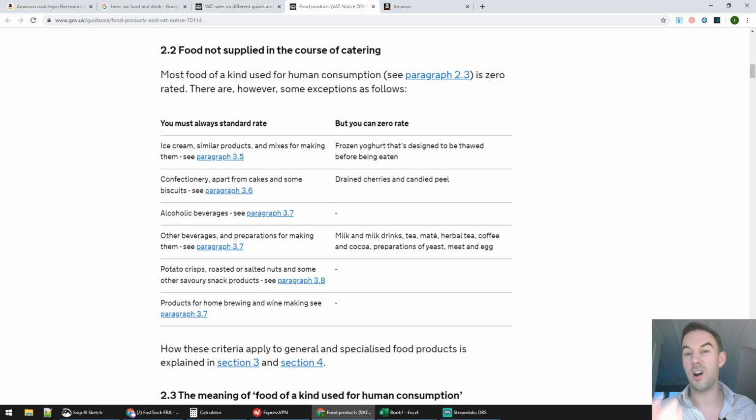You're going to have to charge full VAT on it. But if it has to be prepared, a classic example would be coffee, where you put water in and make hot coffee, the hot coffee itself is VATable, but the coffee beans are not. So interestingly, you don't have to charge VAT on coffee, and I'll use that as a good example during this.